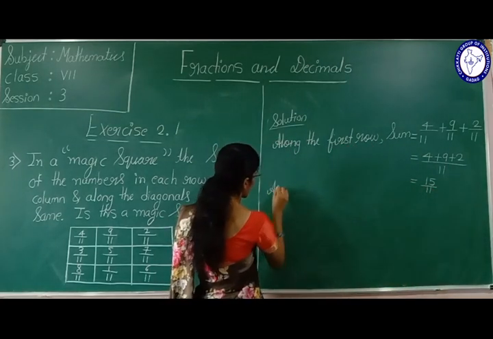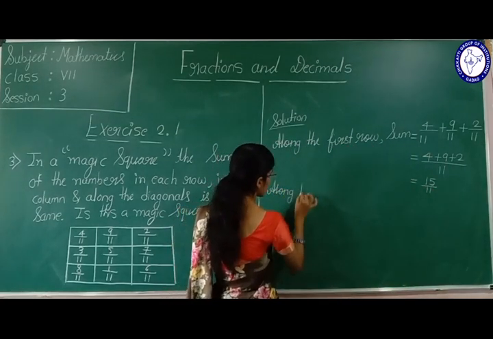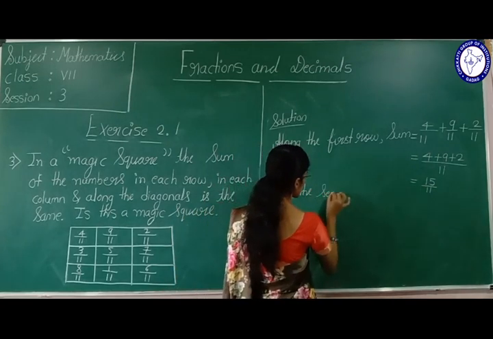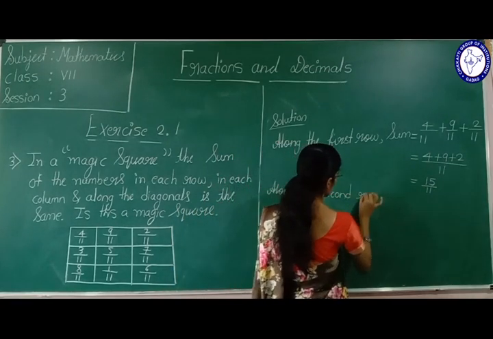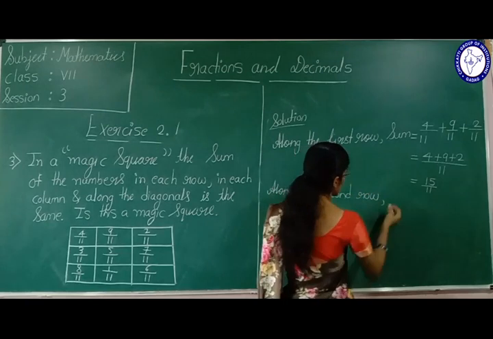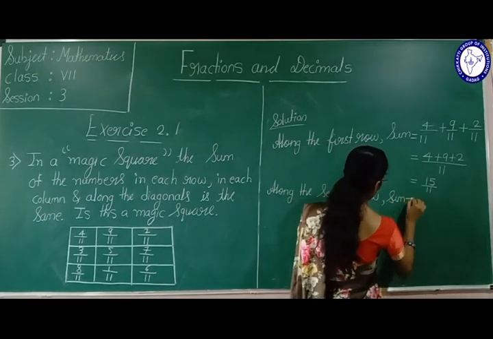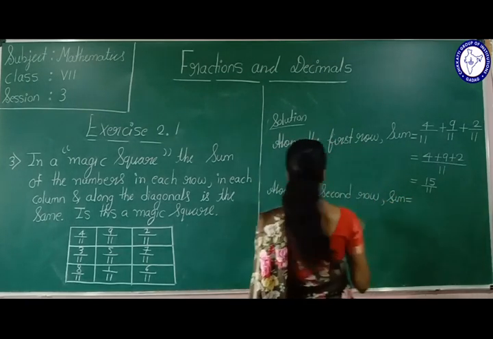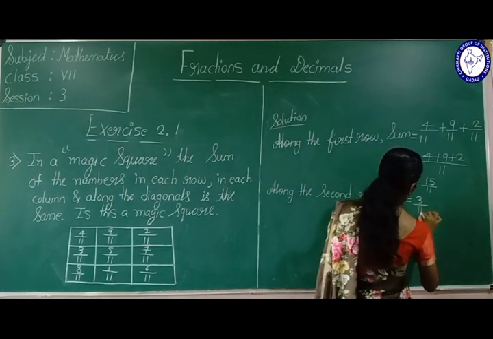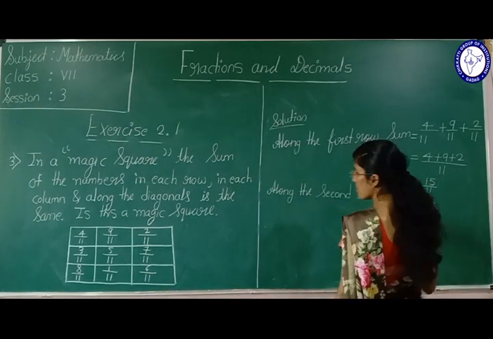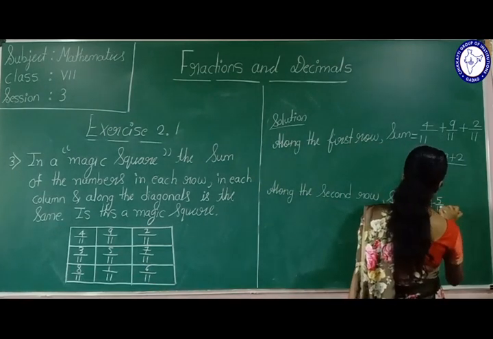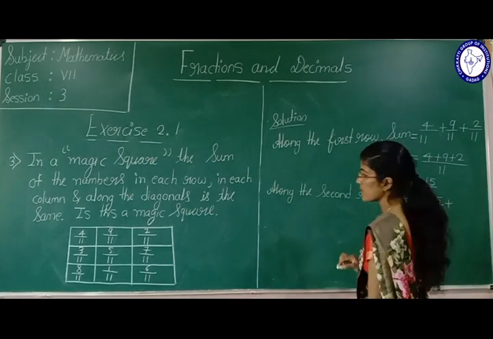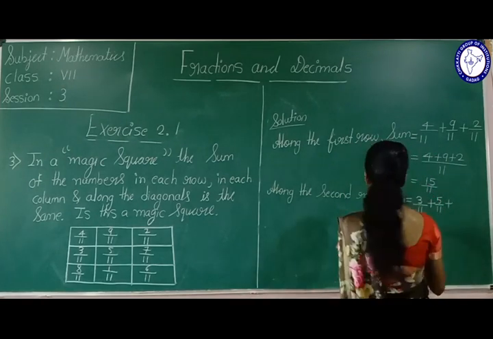Now, along the second row, sum is equal to, what is that? 3 by 11 plus 5 by 11 plus 7 by 11.